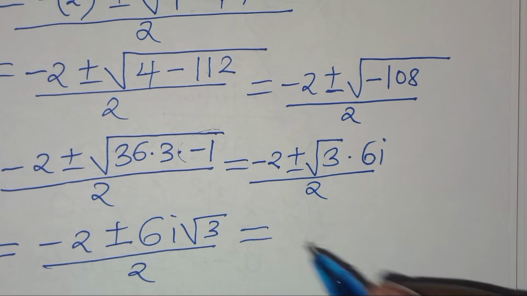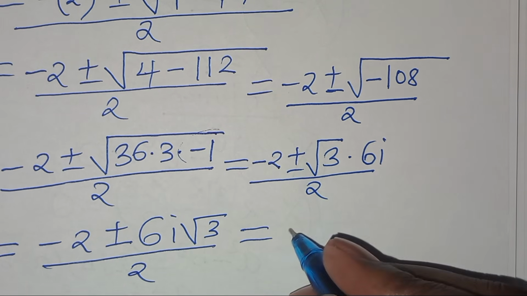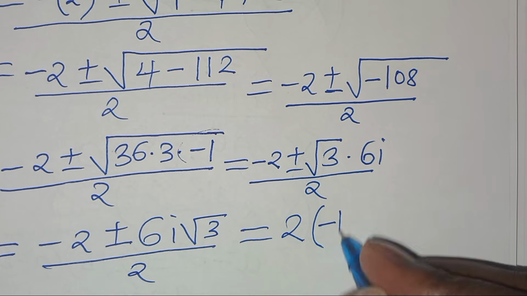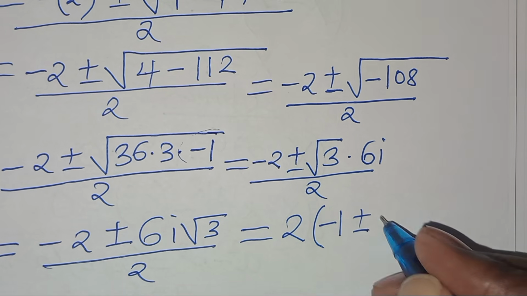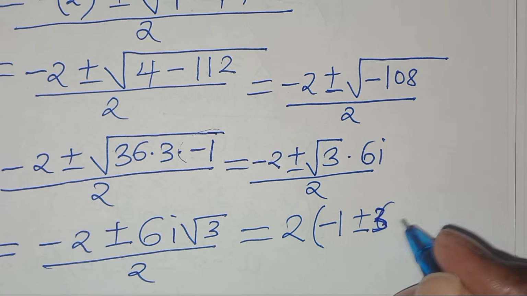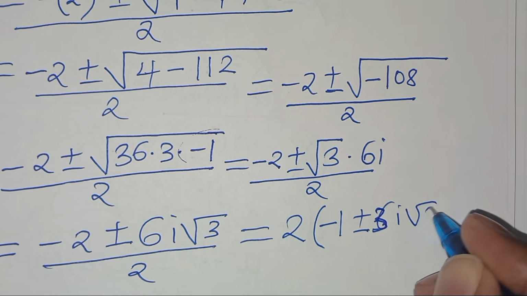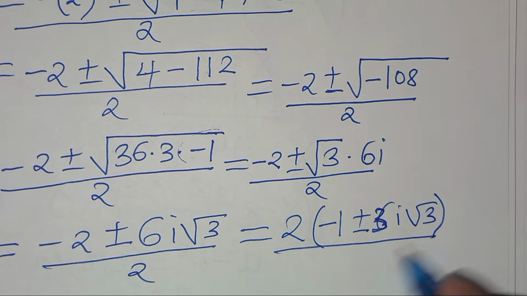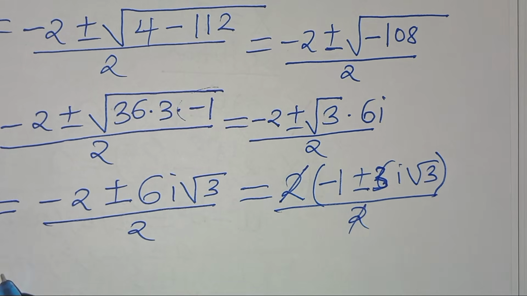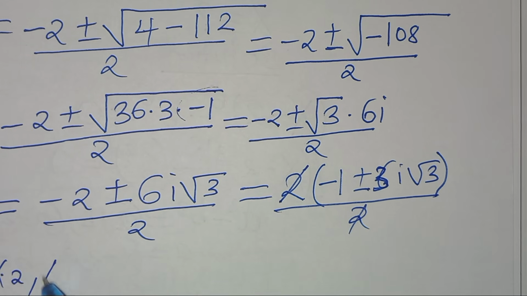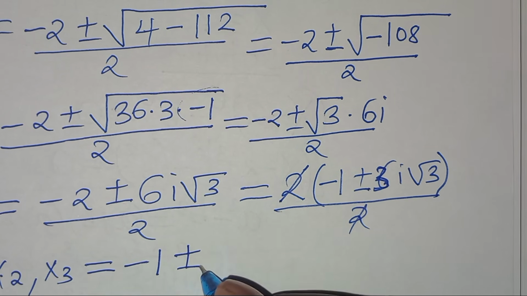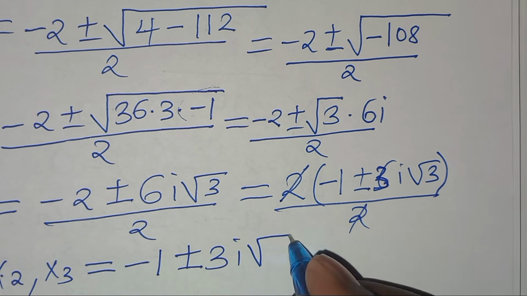So we can factor out 2 here, so that we'll have 2 into the bracket here, minus 1 plus or minus, that is, we can have 3i, this is the same thing as 3i square root of 3 divided by 2. So if we simplify here, x2, x3 is equal to negative 1 plus or minus 3i square root of 3.